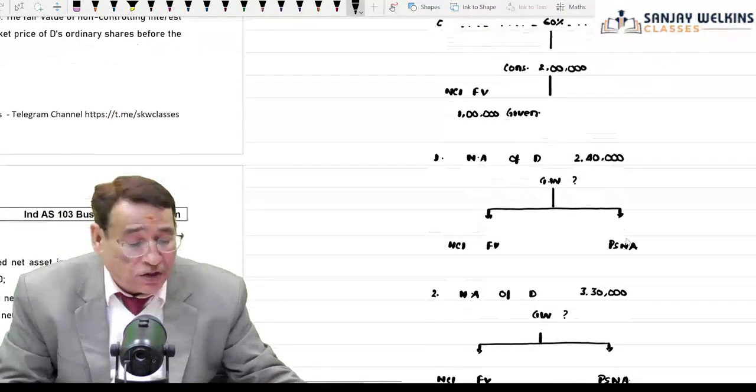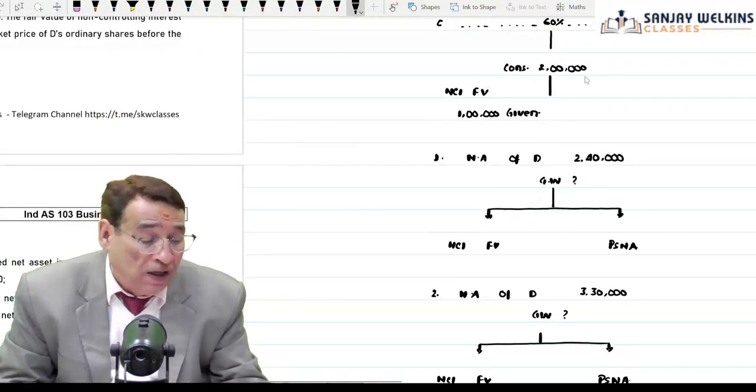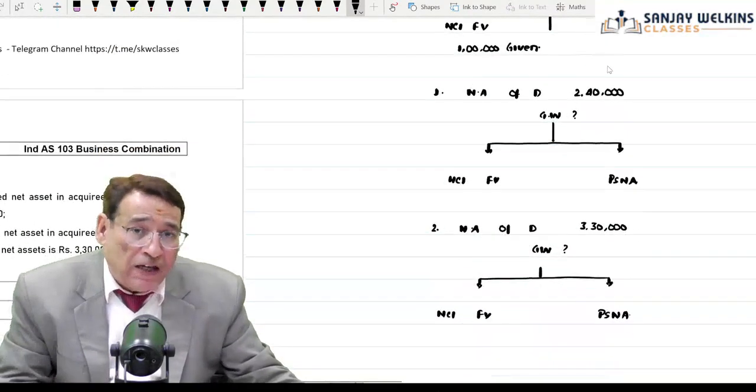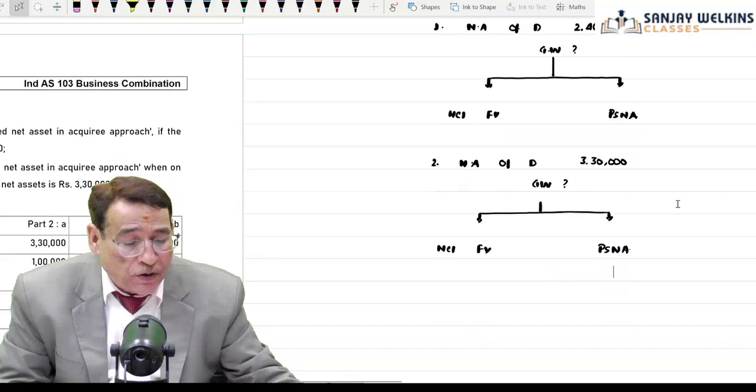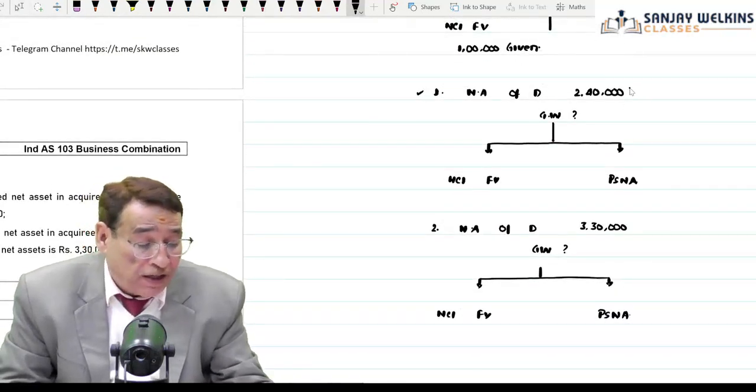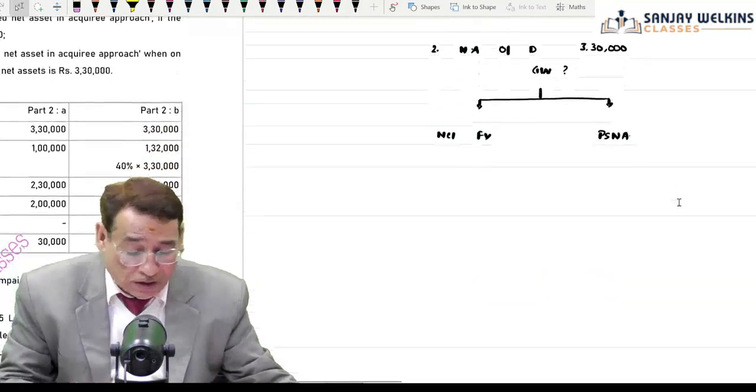So this is the question: you are acquiring 60% stake. Consideration is 2 lakh and it is payable in cash. NCI on fair value basis is already given to you, and we will take up first this part, when net asset is equal to 2,40,000, correct?